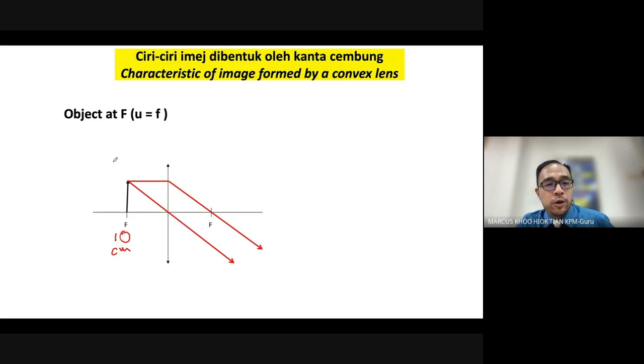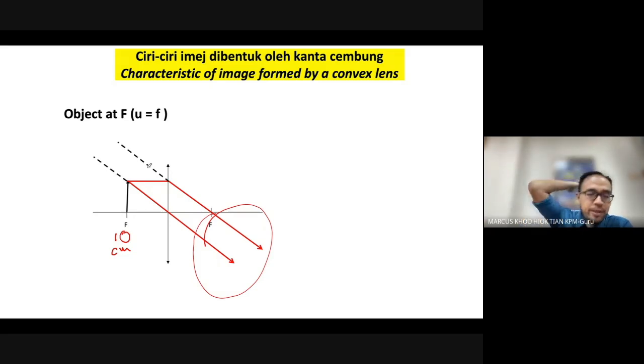And this becomes a problem for us. Okay, no matter how long you draw your line, it's never going to meet. Right, it's always going to be parallel. And that's the interesting thing. Okay, even if you extend it behind, it's still parallel.